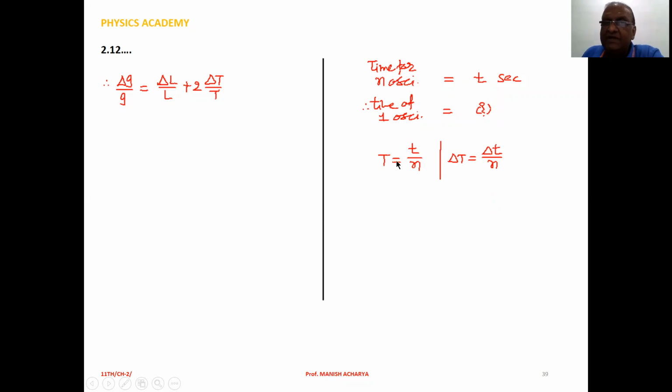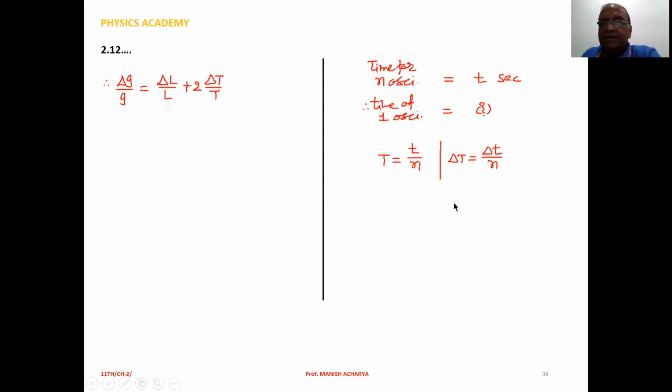So capital T is equal to small t by n. In terms of variation, we can write the same equation as delta T equal to delta small t by n. There is no variation in n because n is just a number.